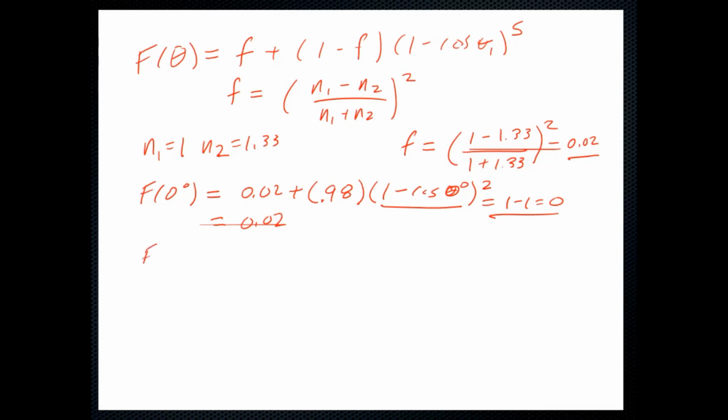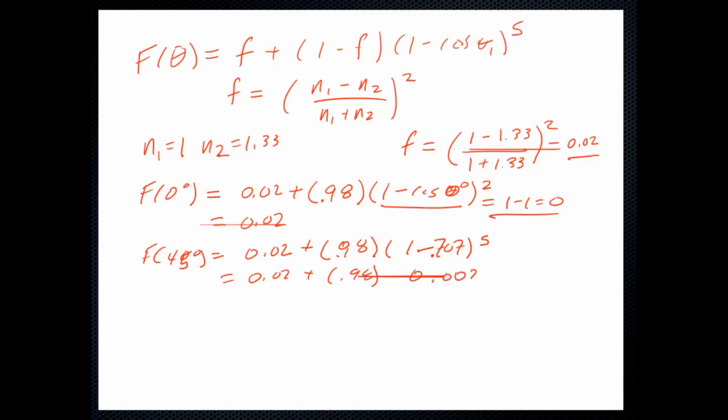If we do 45 degrees, we end up with 0.02 plus 0.98 times 1 minus 0.707 approximately to the 5th power, which is equal to 0.02 plus 0.98 times 0.002.